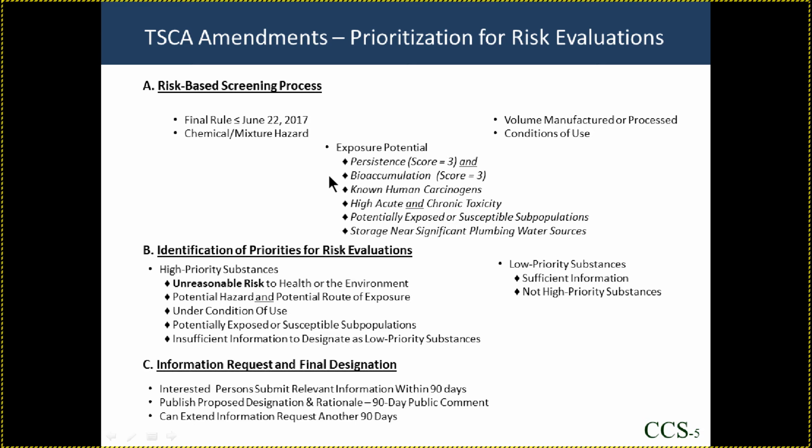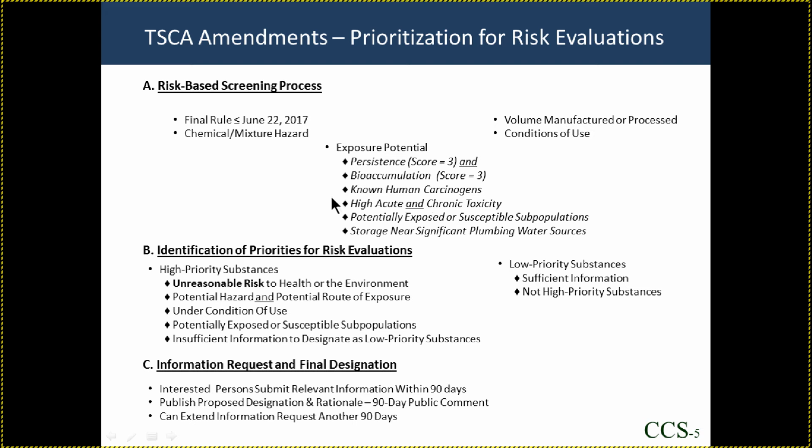And the EPA has long had a system of evaluating persistent bioaccumulative toxins, or PBTs, and the maximum or worst score they can get is a 3. And if they are a 3, then they would be priority items here for the screening process. But one of them could either be a moderate, which is a 2, and still fall into that higher category. They also include what the law calls known human carcinogens, but most of the carcinogen lists they have known as a top priority.